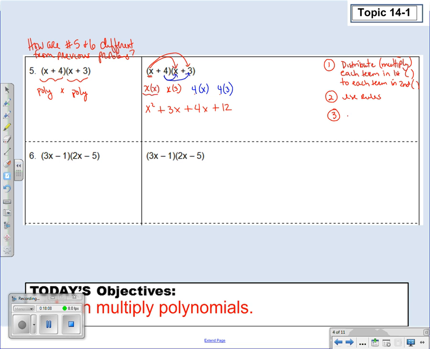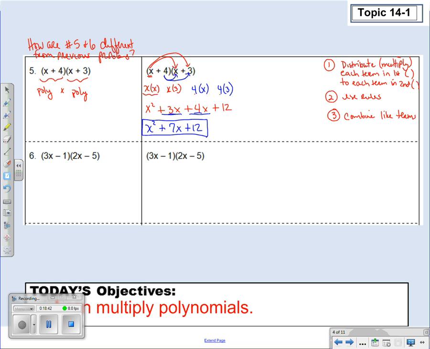Last one is still combine like terms. The nice thing about these problems is that your like terms end up in the middle. So we end up with x squared, and then plus 3 plus 4 is a 7x, and then last plus 12. So our answer is x squared plus 7x plus 12.